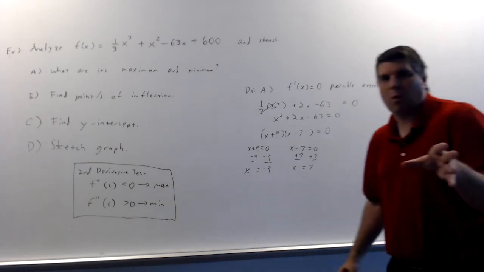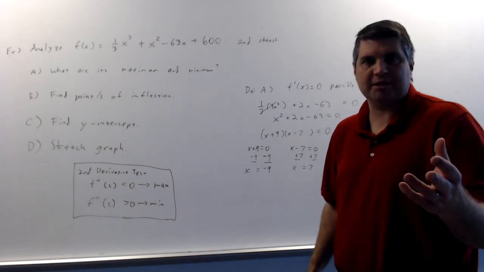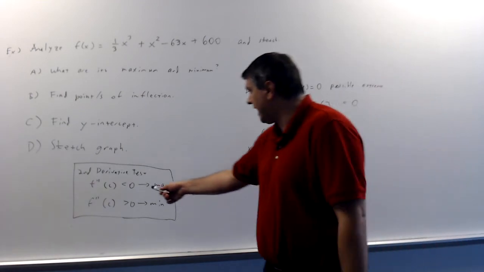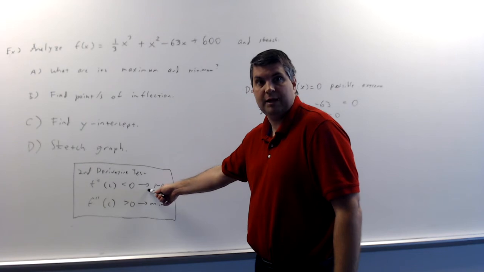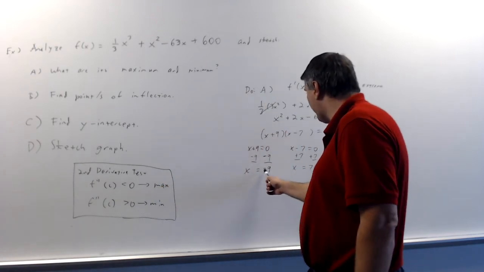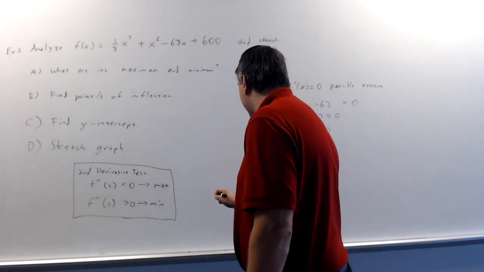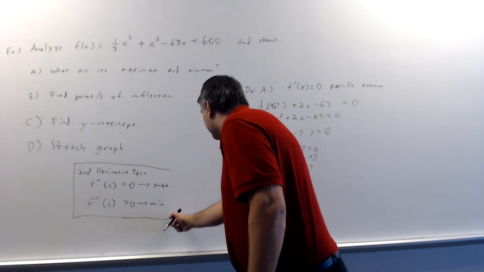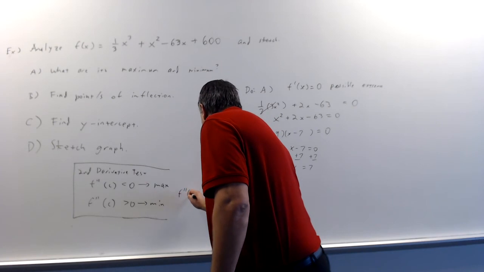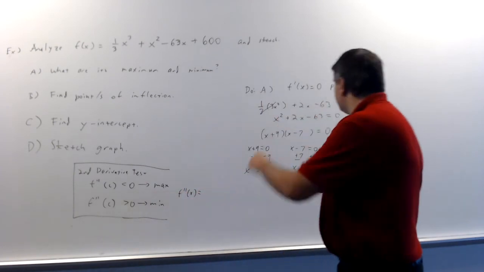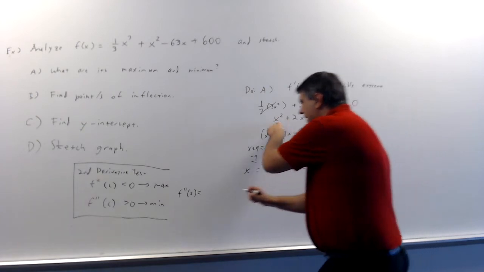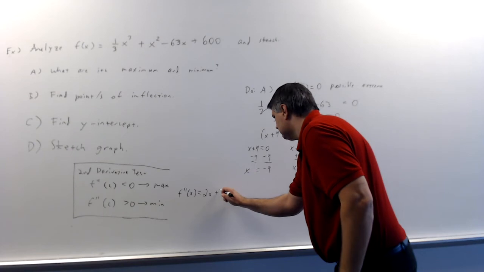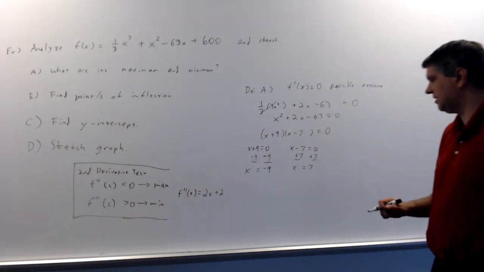Now, I want more than locations of possible extrema. I want to know if they are actually extrema. So here's the second derivative test. These represent critical points. The first thing I have to do to apply the second derivative test is determine what the second derivative is. That's f double prime of x equals the derivative of this, 2x plus 2. The derivative of a constant is 0.